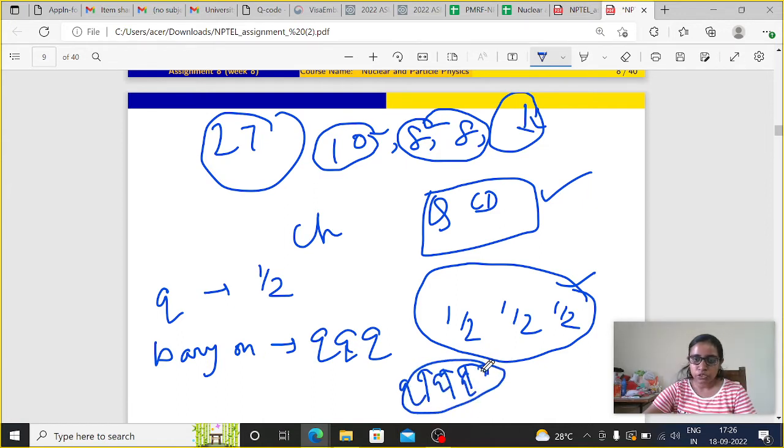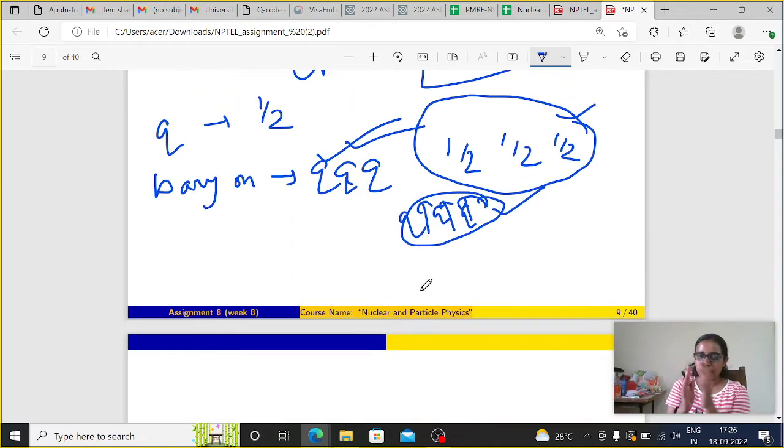So Pauli exclusion principle is not holding here. But obviously in all particle physics we know that Pauli exclusion principle is the ultimate one.